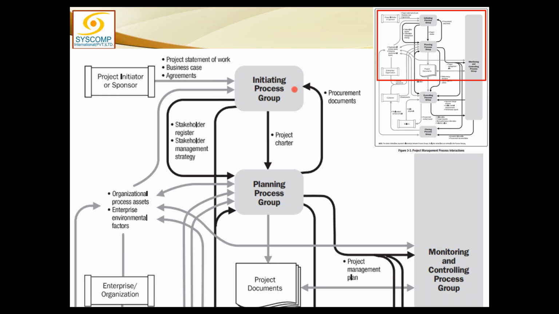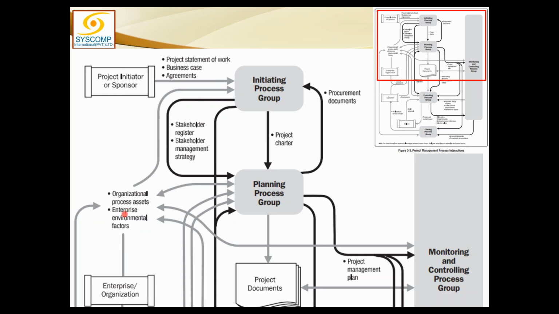Right? Now, just to give you an example of how a process may look. In initiation, we have the develop charter process. What are the inputs to develop charter? Just have a look at it. All these three items are the input to the charter. These two items are the input to the charter.